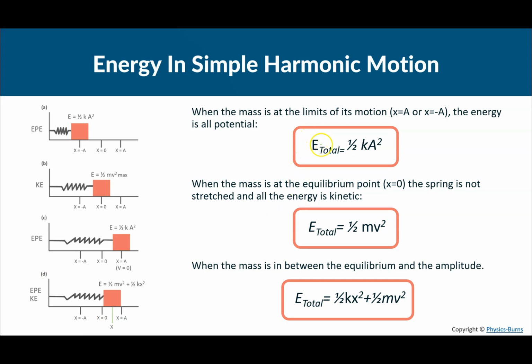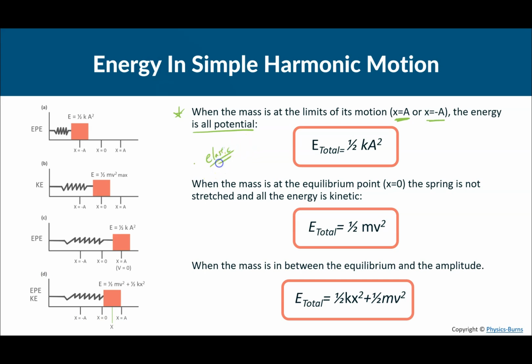All right, so energy in simple harmonic motion. When the mass is at the limits of its motion, for example at its amplitude, either the negative amplitude or the positive amplitude, the energy is all potential, or elastic potential energy.